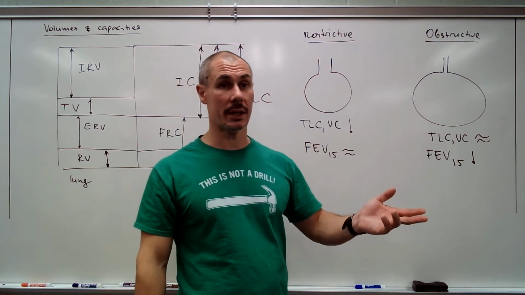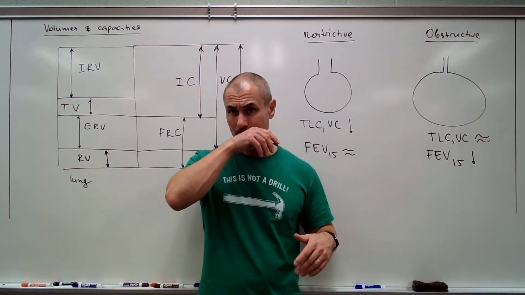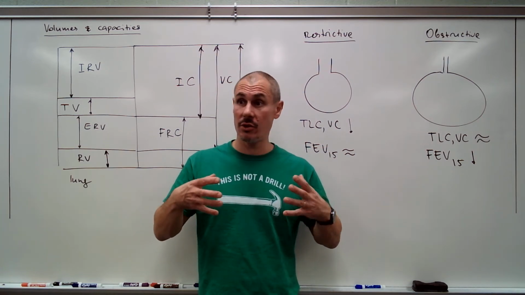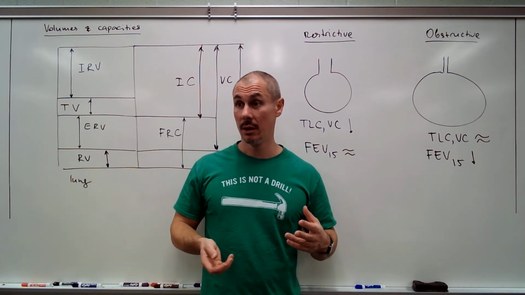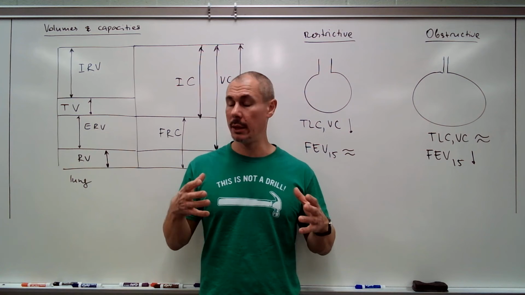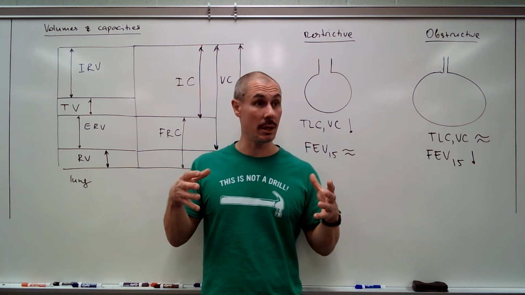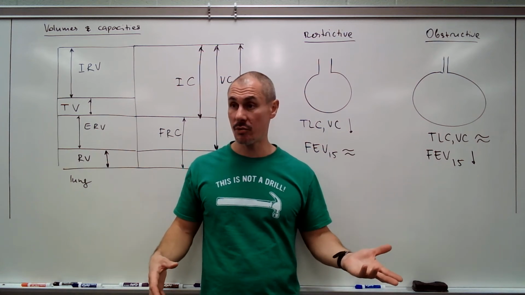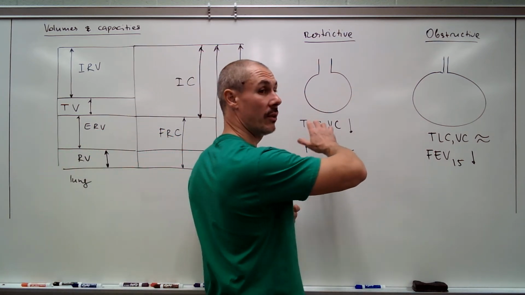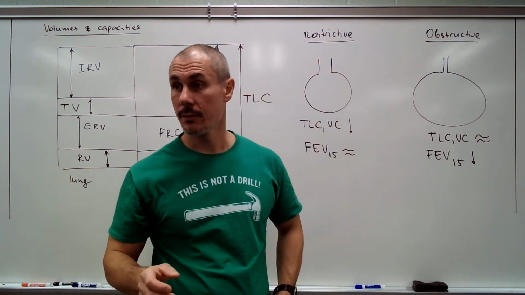Restrictive diseases, check this out: due to fibrotic changes, scar tissue, in the lung, the lung cannot inflate to its previous volume. You see what I'm saying? Emphysema contributes to this. Emphysema is an interesting disease. Check this. Emphysema is kind of both. It has an obstructive component and it has a restrictive component. Okay?